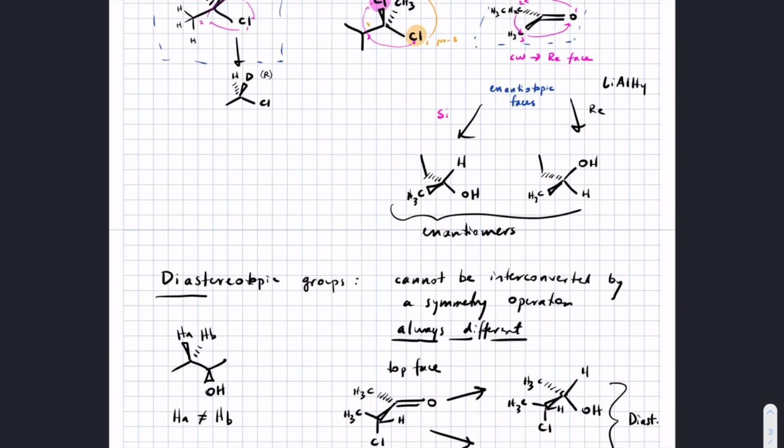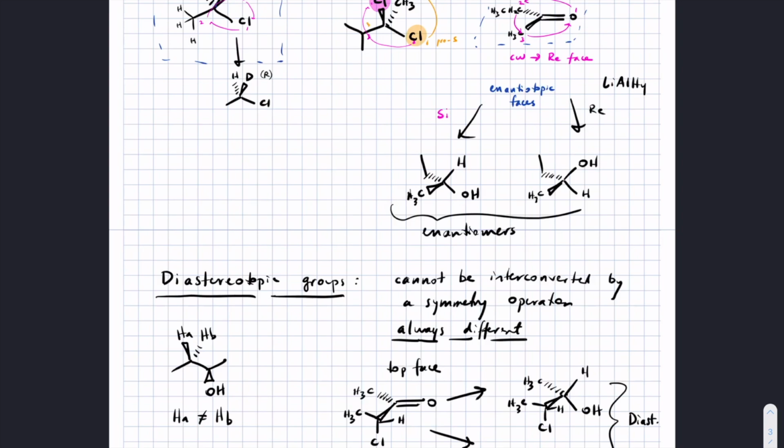Alternatively, if your molecule already has a stereocenter, maybe you don't need to use a chiral catalyst because your diastereotopic groups are different and don't have to react the same. So in many cases, if you start with something that's already chiral, you can take advantage of what's called diastereoselectivity to get one product versus the other.